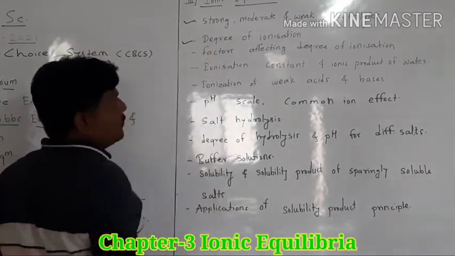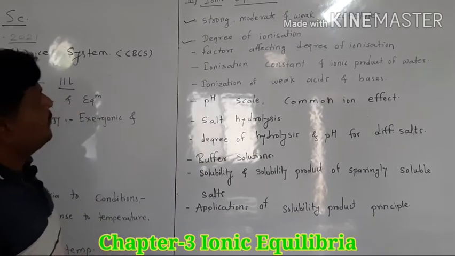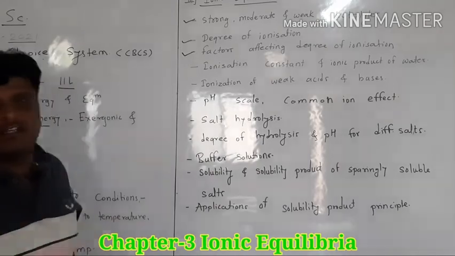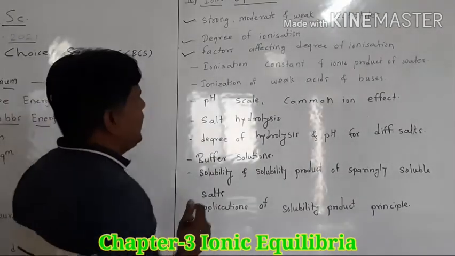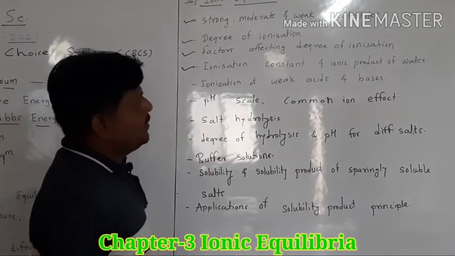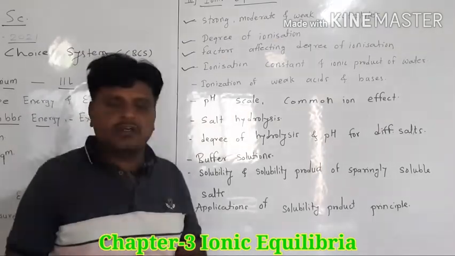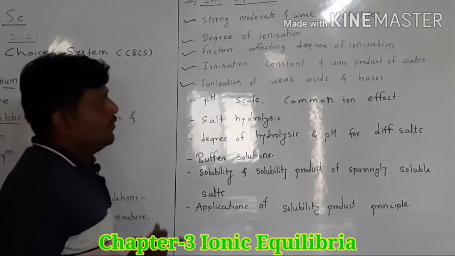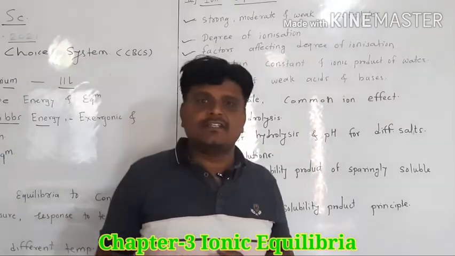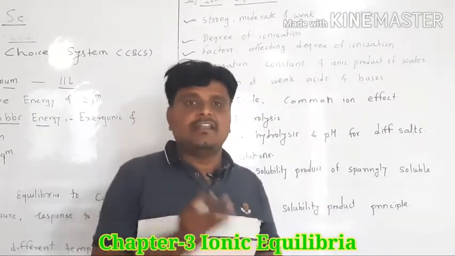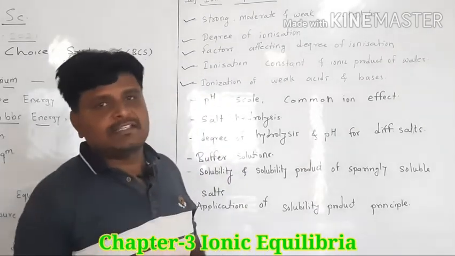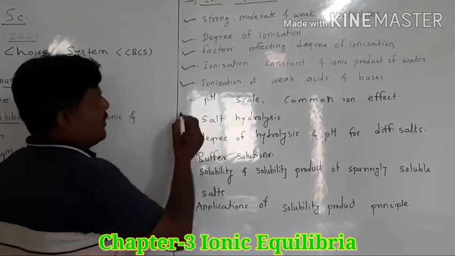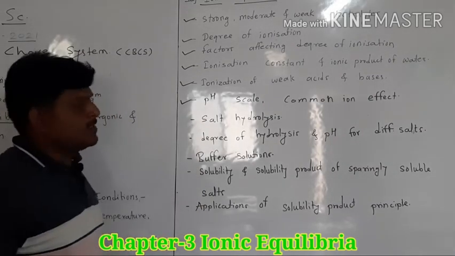Then degree of ionization and the factors affecting degree of ionization. The next one, ionization constant and ionic product of water, ionization of weak acids and bases. So what are the conditions of ionization, and what are the dissociation conditions?